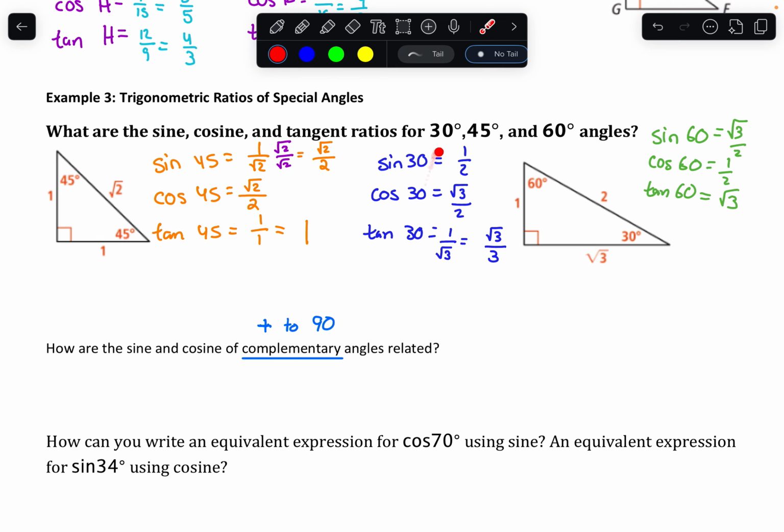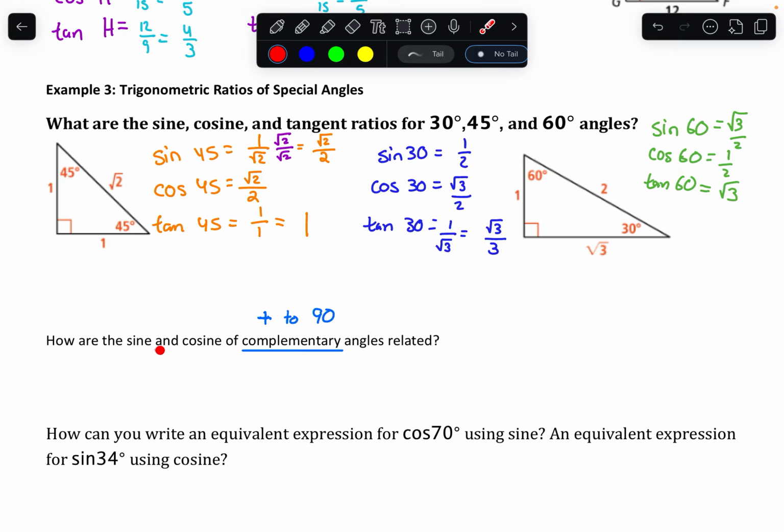And for example, I have some angles here that add to 90. I have 30 and 60. So when I compare the sine and cosine of these complementary angles, what do I notice? Think about it. I notice that the sine of one is equal to the cosine of the other, and the cosine of one is equal to the sine of the other.